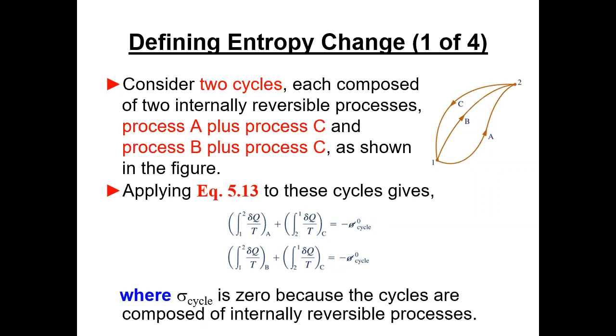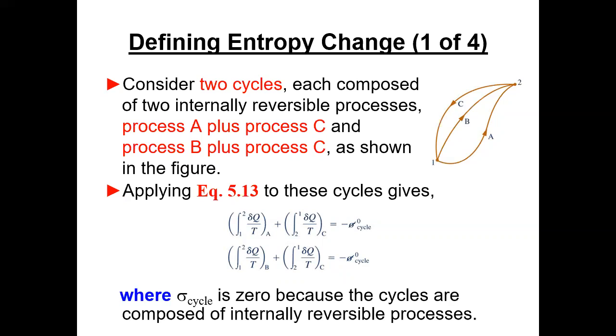And now we're going to do the same thing for the second process. So we're going to go from 1 to 2 by process B, and we're going to go from 2 to 1, again, process C, because apparently we got 2 roads over there and only 1 road back, I don't know. But again, this is all internally reversible, so that's equal to 0, okay?